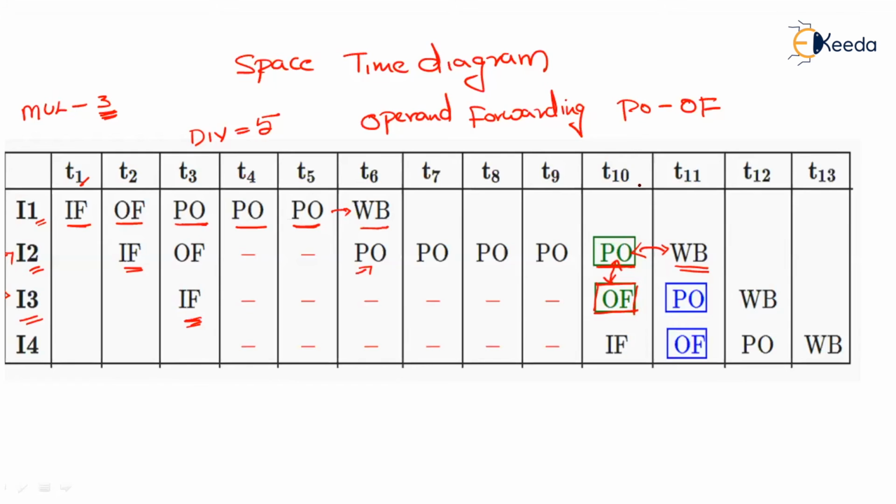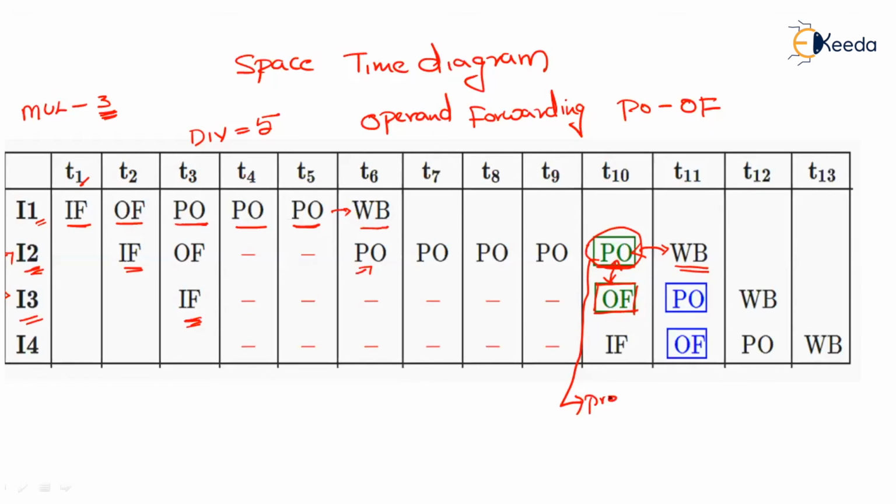Once again, just have a look carefully. I2 is performing the operation right from the 6th clock cycle: 6, 7, 8, 9, 10. For these 5 clock cycles, I2 is performing the operation in the PO stage. Finally, in the final clock cycle, I2 will be able to produce the operand.